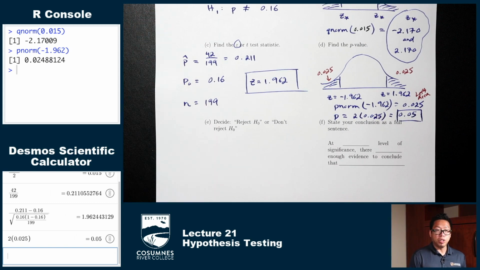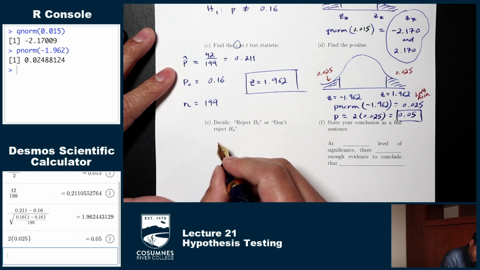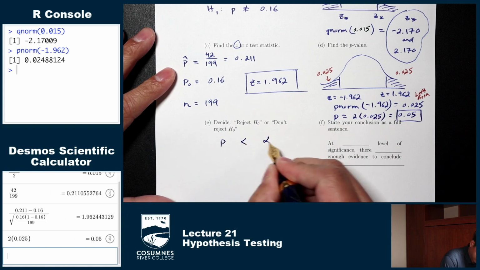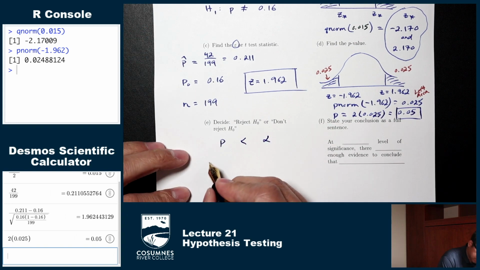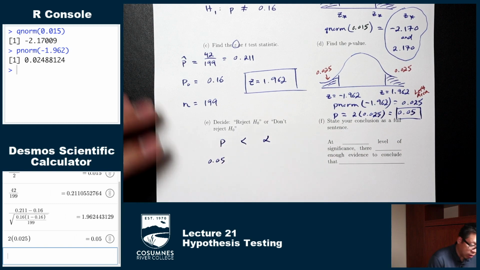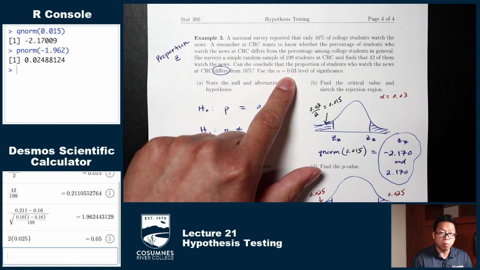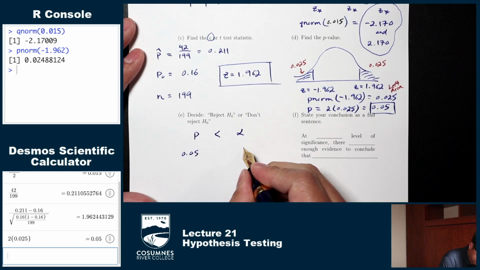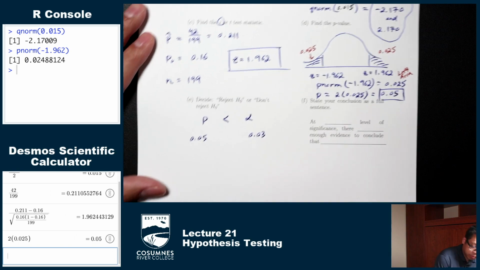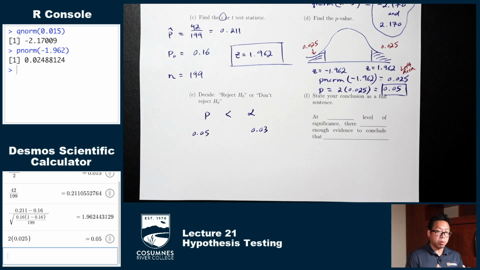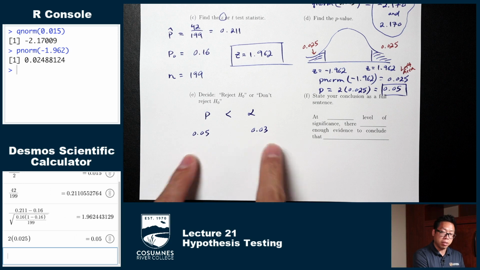Part E, reject or don't reject. So this is where you take your p-value and see if it's less than your alpha. P-value 0.05. Our alpha 0.03. And then usually I add on a 0 so that they both have the same number of decimal places.